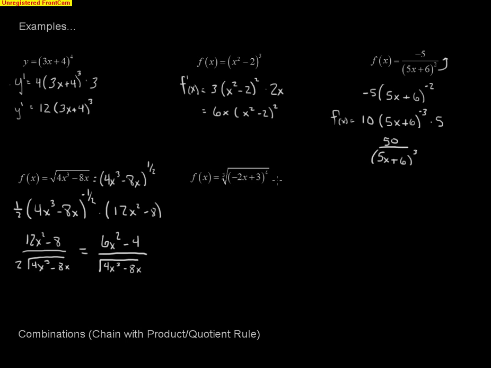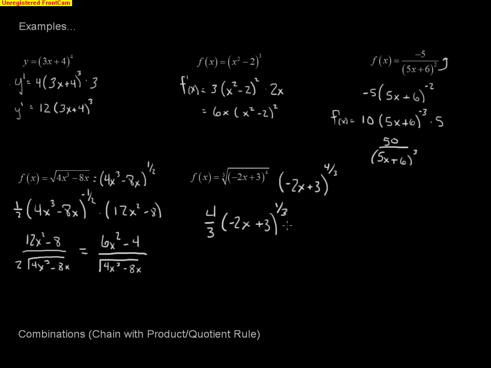And finally, for the last one here, when we rewrite this one, got to remember your rules of exponents from Algebra 1. We got a cube root, and inside we have the fourth power. So this is negative 2x plus 3 raised to the 4/3. And so now by power rule, we're going to bring the power down. 4/3, negative 2x plus 3, subtract power by 1, so 4/3 minus 3/3.